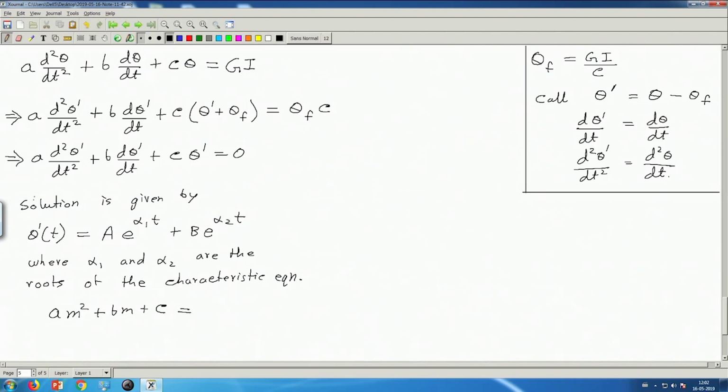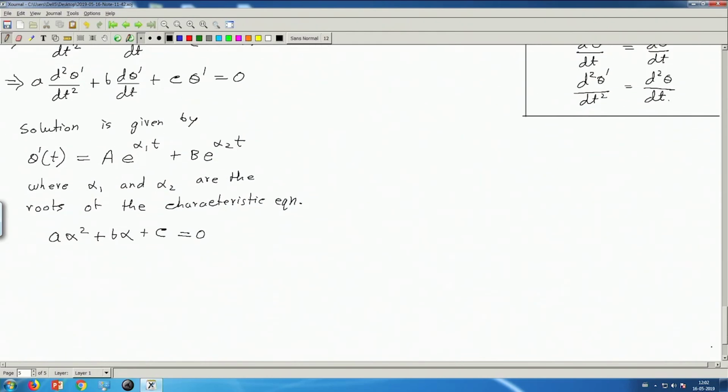So, this characteristic equation of this differential equation, if you solve this, you will get two values of m, or let me use alpha. So, you will get two values of alpha, alpha 1 and alpha 2. So, you put them here, that will be the solution, and where a and b are two arbitrary constants which you can find from the initial condition or the initial value of theta and the speed, etc.